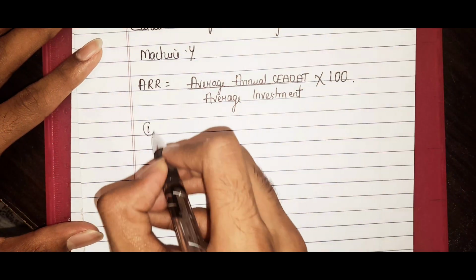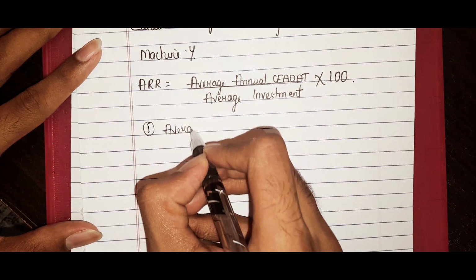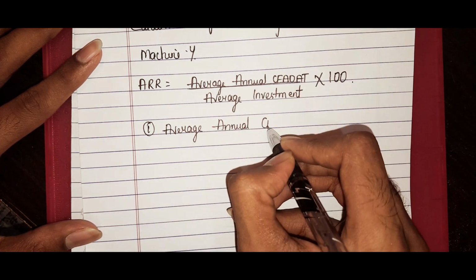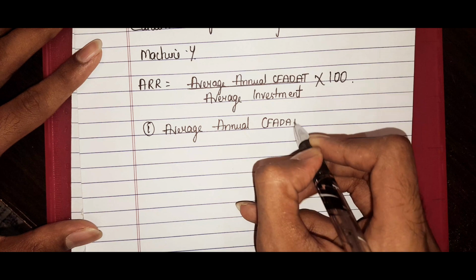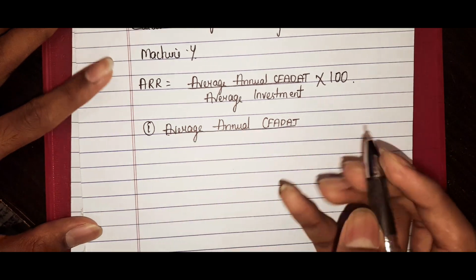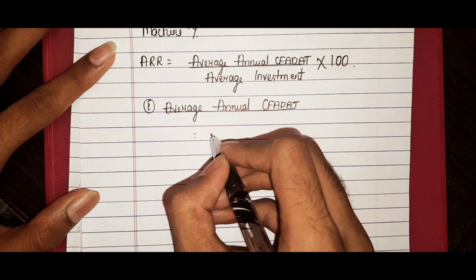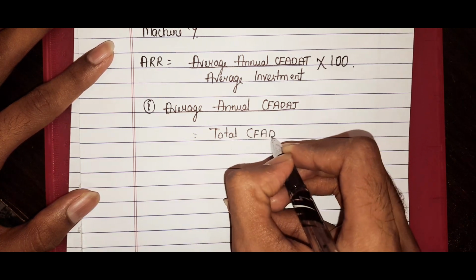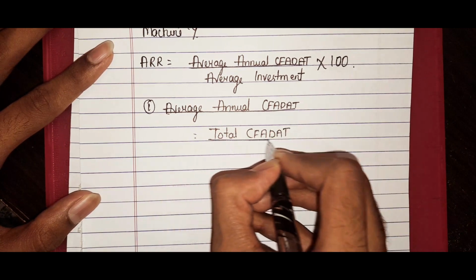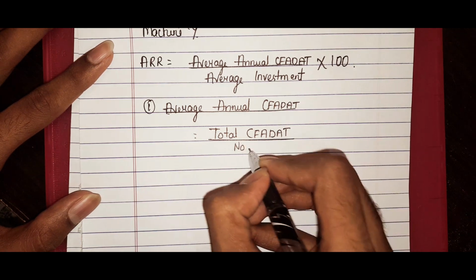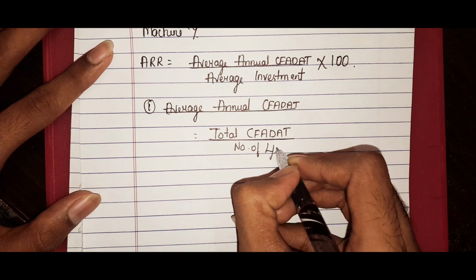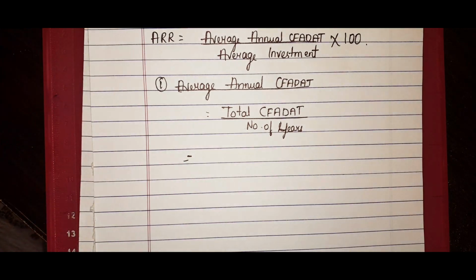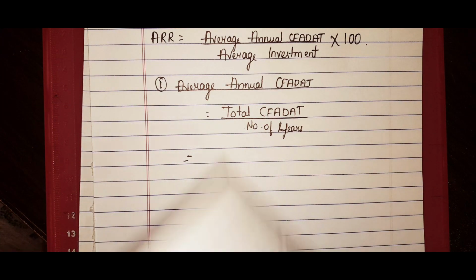But first let us find out the average annual CFADAT. To find this average annual CFADAT, the formula is total of CFADAT divided by number of years or life. Now total CFADAT they have directly given in the question.